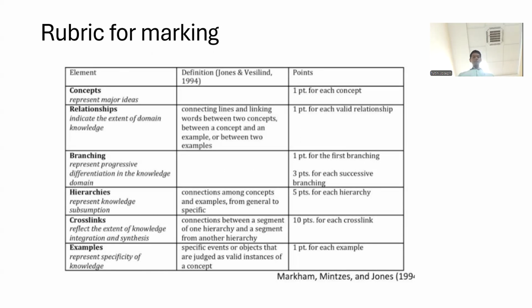For example, points can be assigned for the concepts, for the relationship, the branching, for the pattern used, whether the right pattern has been used, whether crosslinks were made, with more marks if crosslinks were made. And this way, the concept map itself can be used for awarding marks during the formative assessment.